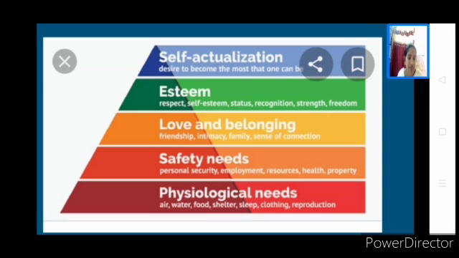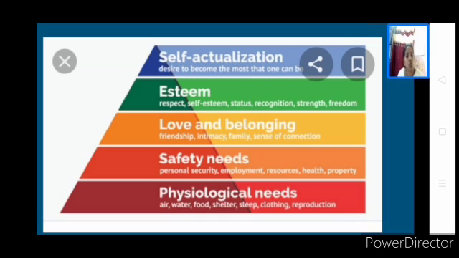Physiological needs are like biological needs, the basic needs like food, water, shelter, clothing. All these come under physiological needs. So every human being first strives to fulfill these basic needs.